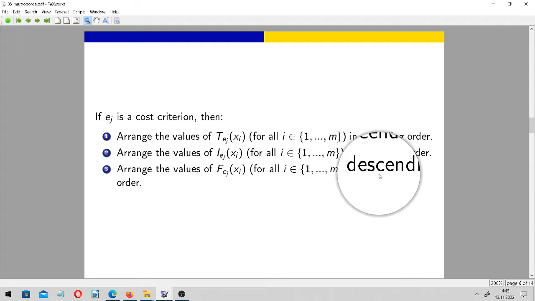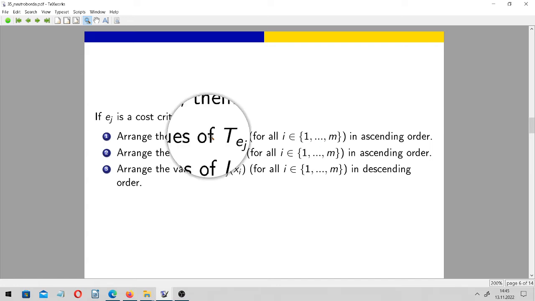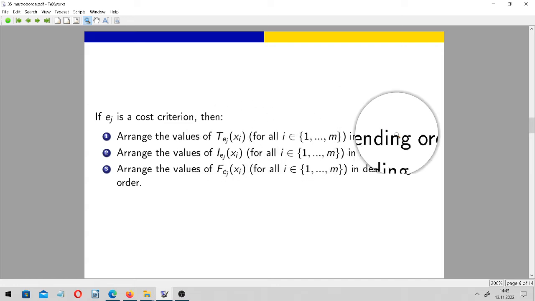So if something has a big falsity value, then it's okay, because this is a cost criterion. If we say that something is expensive and the falsity of this statement is big, then it's good, and there is a big chance that in fact it's not expensive. Contrary to this, the values of truth are in ascending order if it is a cost criterion.